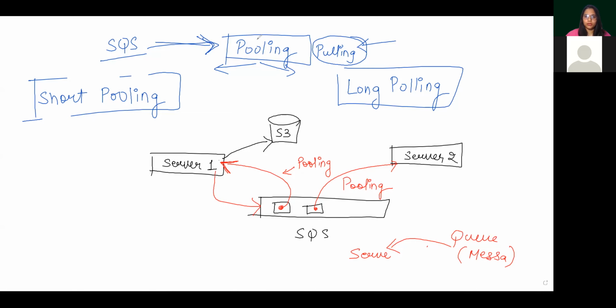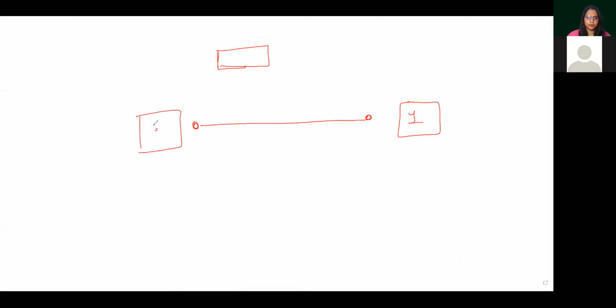Now we come to short polling and long polling. When the concept of polling comes in, we discuss a very basic example. Say you are dealing with a tug of war rope. There is one person here and another person here.